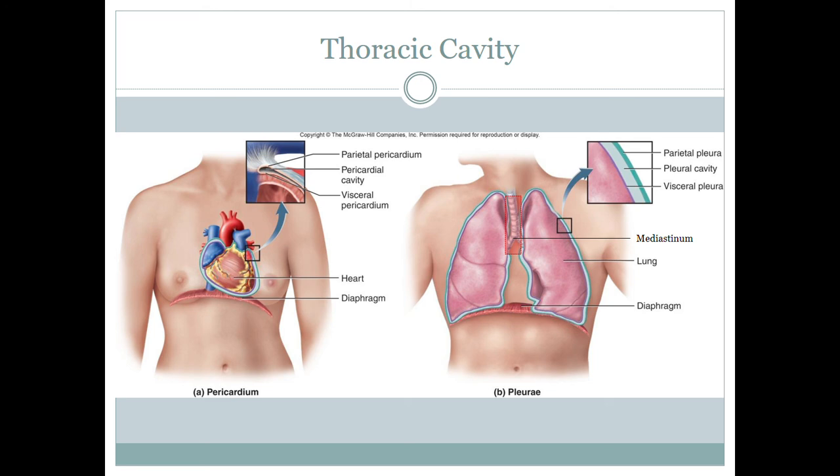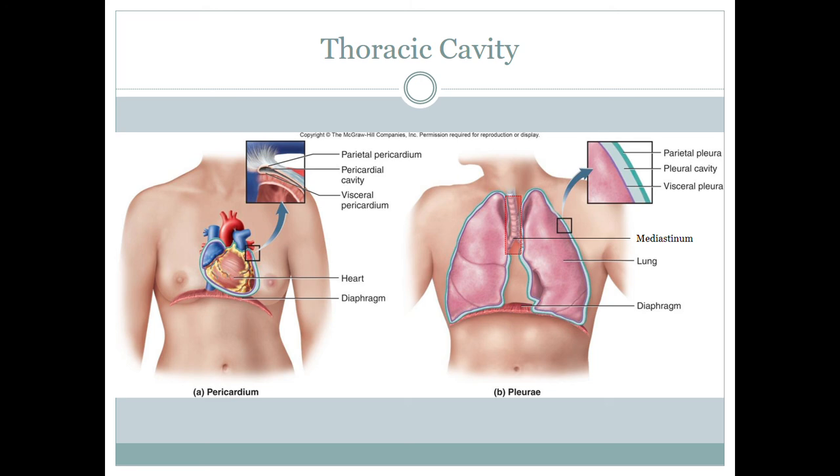In the pericardial cavity, which you see on the left, there are also two serous membranes. The first one is the parietal pericardium, which lines the inside of the pericardial cavity, and then there's a serous membrane that's tightly attached to the surface of the heart called the visceral pericardium.